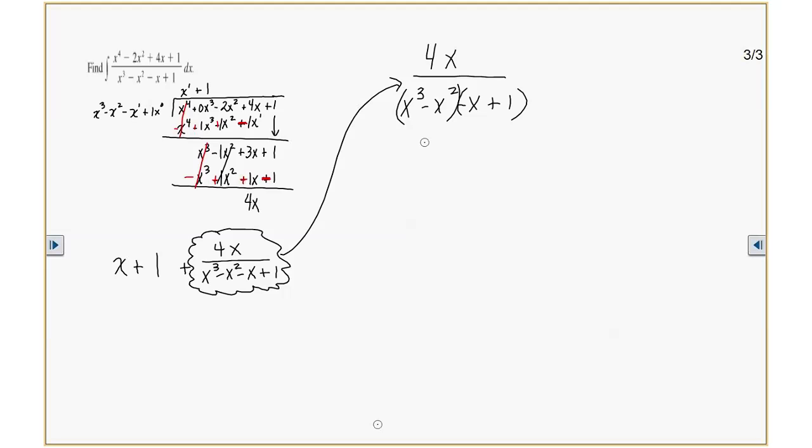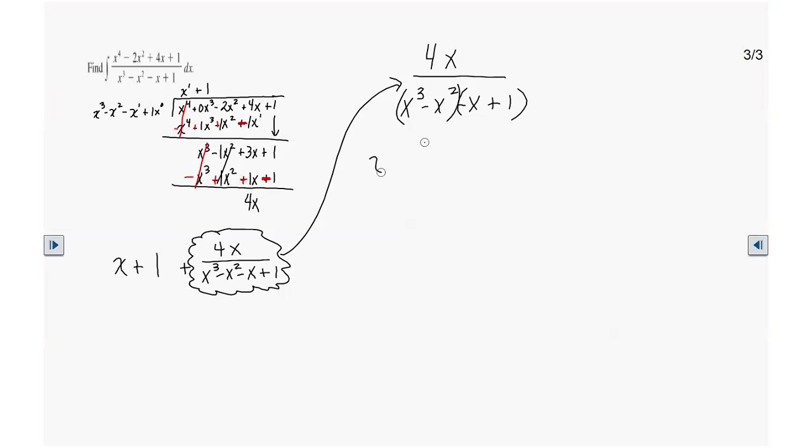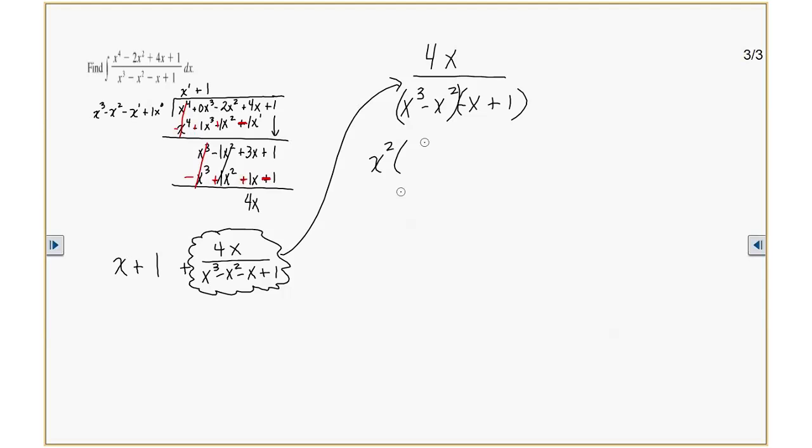What's in common with the first two? Pick the lowest exponent, x squared. And that leaves you with x minus what? Pull out a negative 1, and that leaves you with what?